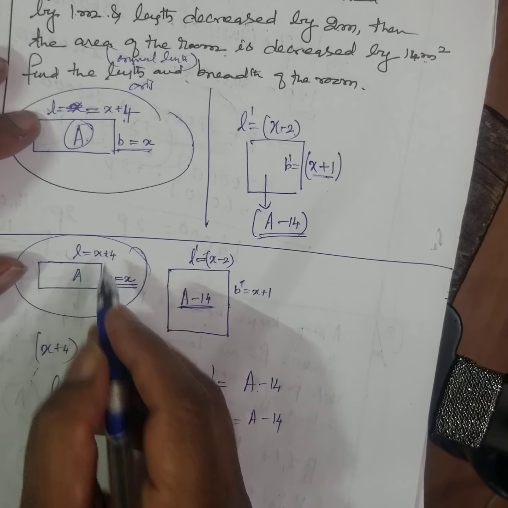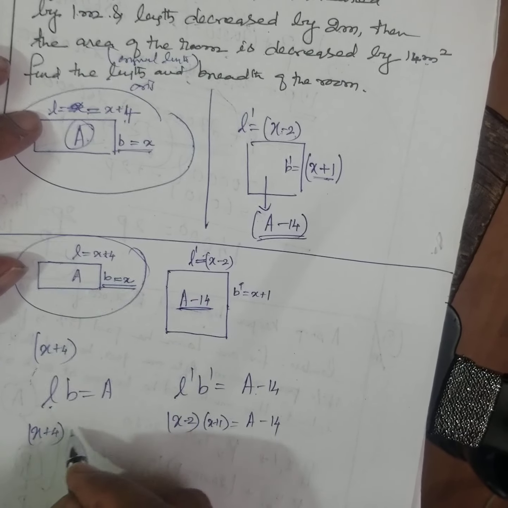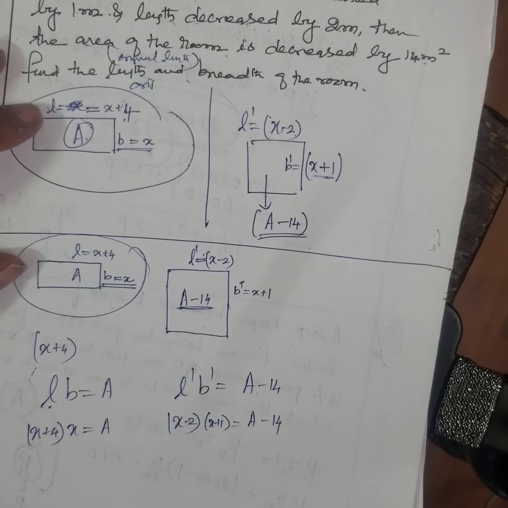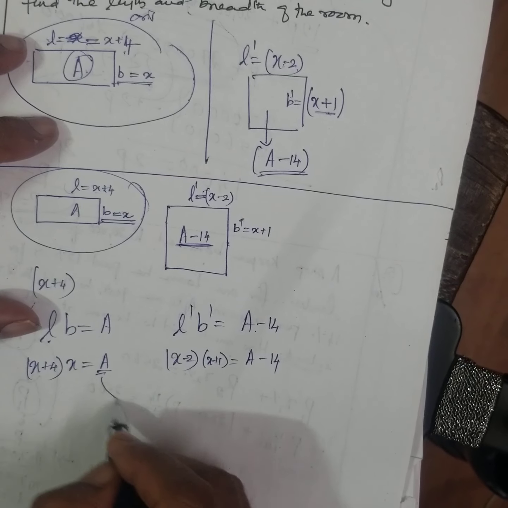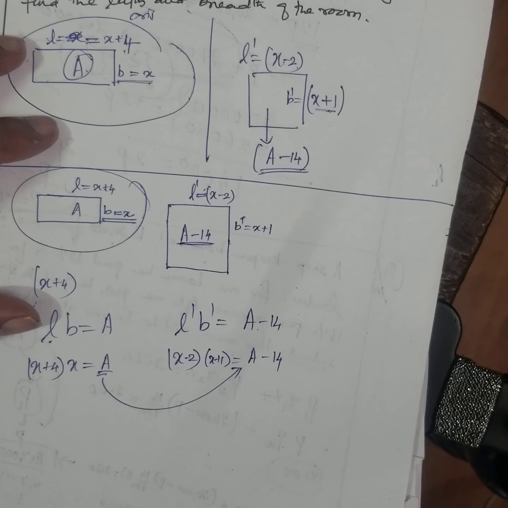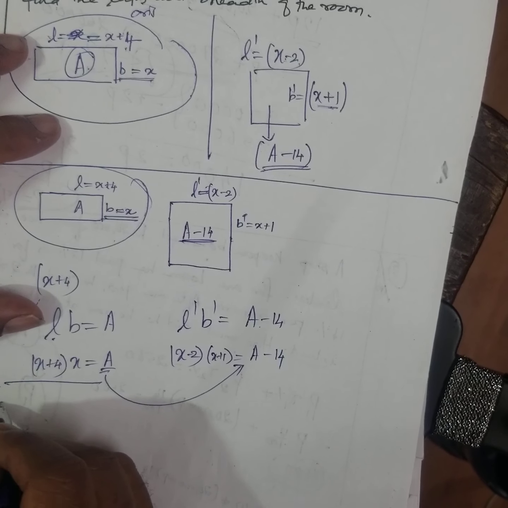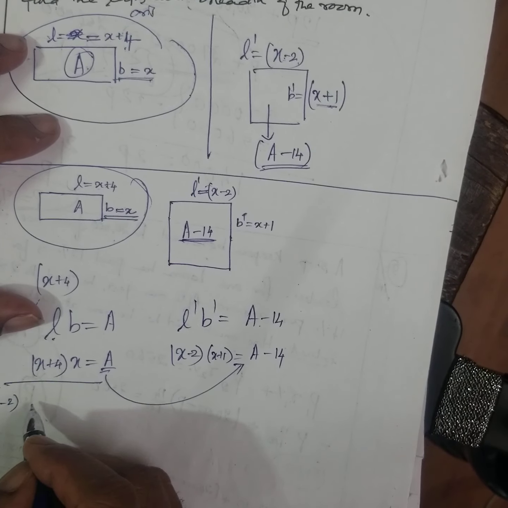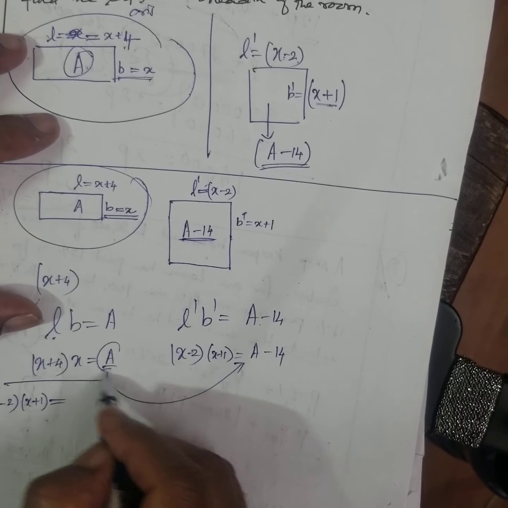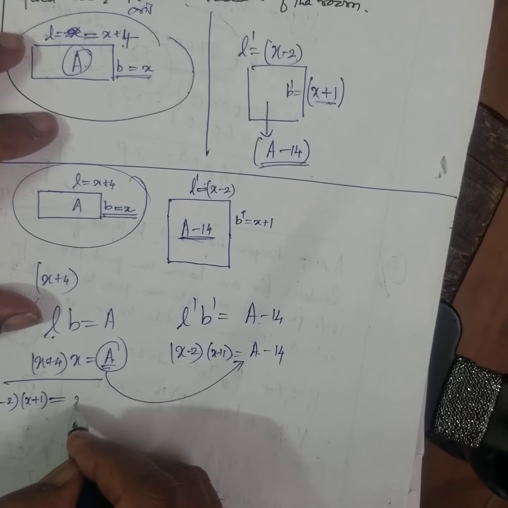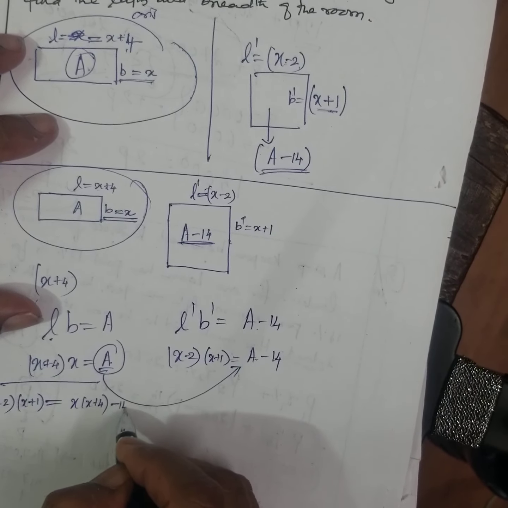Now substitute this A here. So (x minus 2)(x plus 1) equals x times (x plus 4) minus 14.